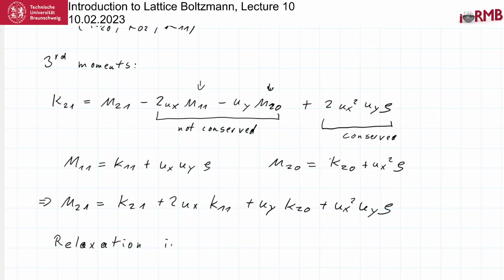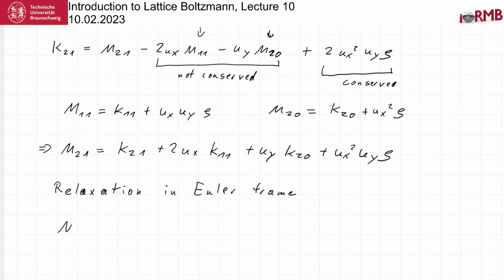Relaxation in the Euler frame means we relax the raw moments: m21 star is equal to m21 before collision plus omega 21, each moment its own relaxation rate, times m21 equilibrium minus m21.